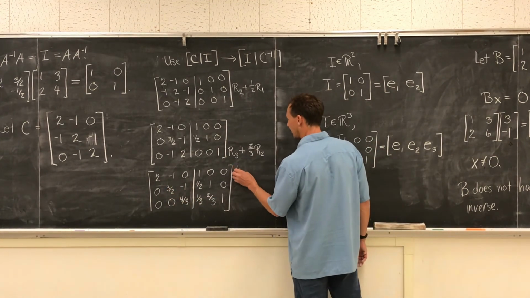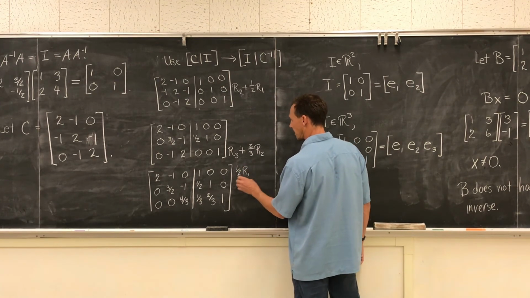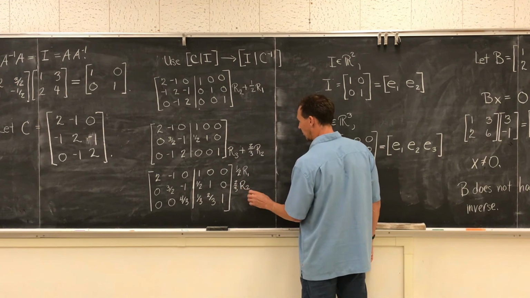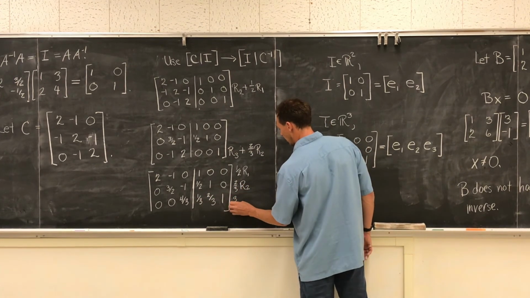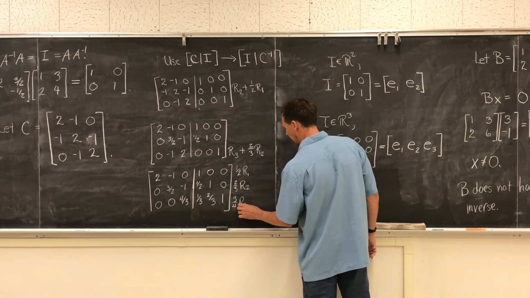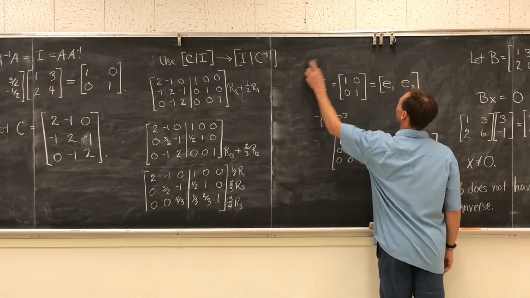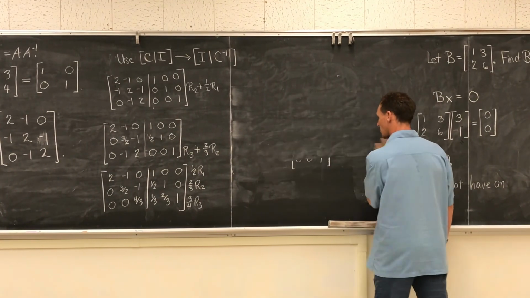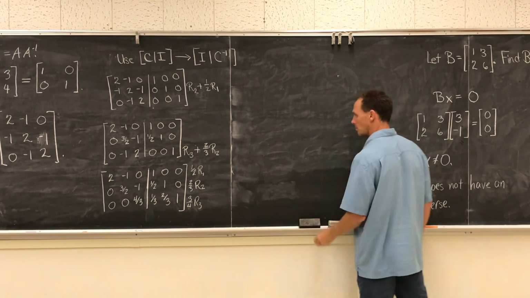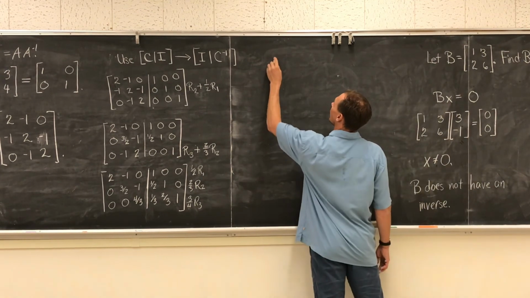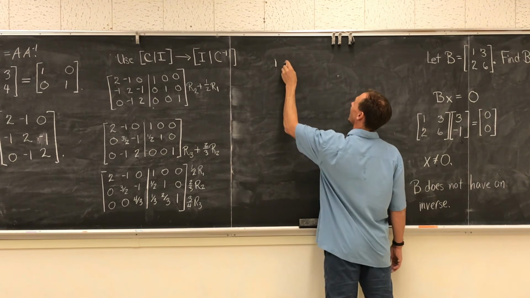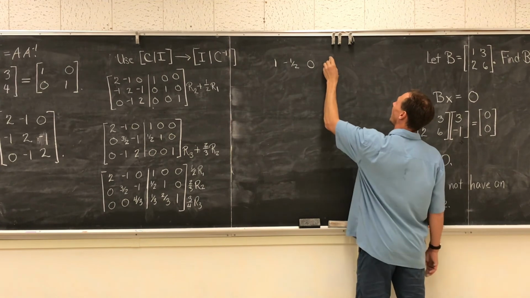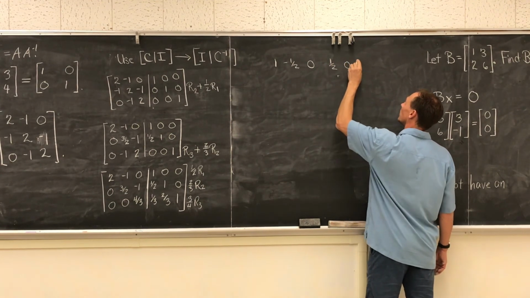I'm going to take half of row 1, 2/3 of row 2, and 3/4 of row 3. Okay, so we're just going to multiply all those out so I have ones on the diagonal. And what do we get? We have 1, minus 1/2, 0, 1/2, 0, 0.